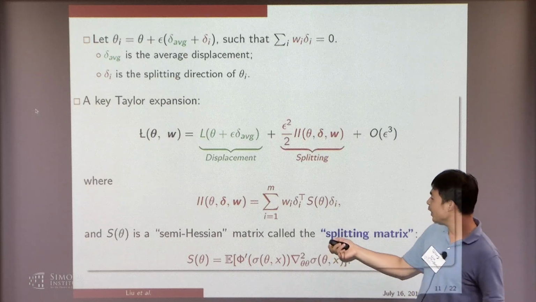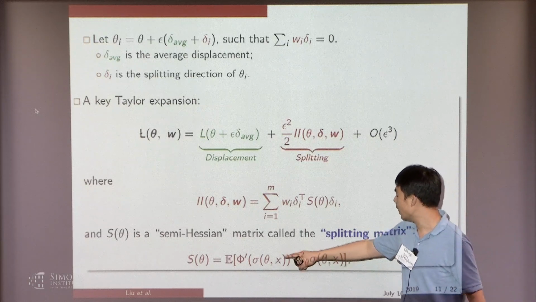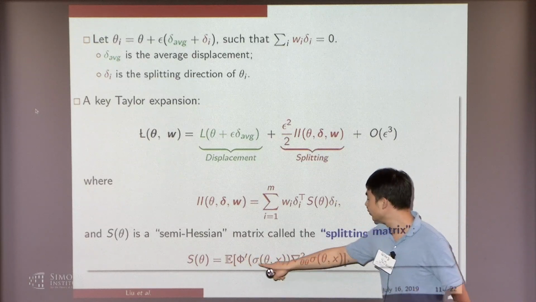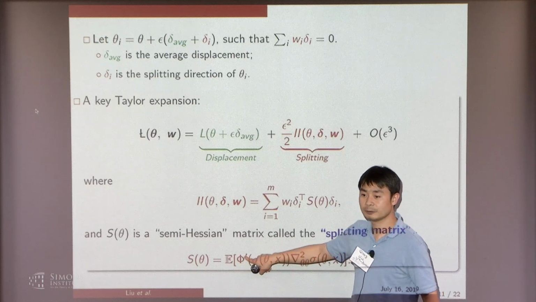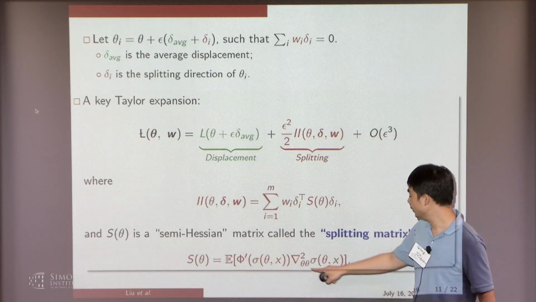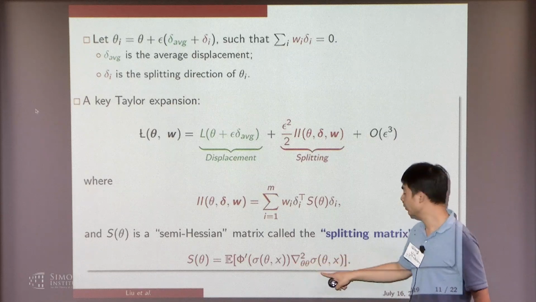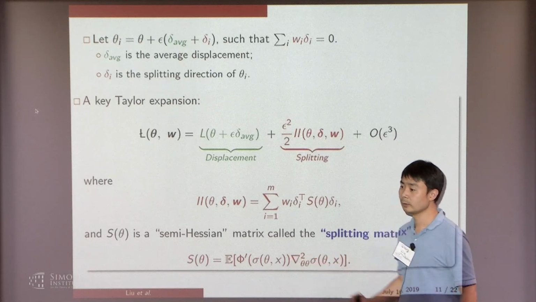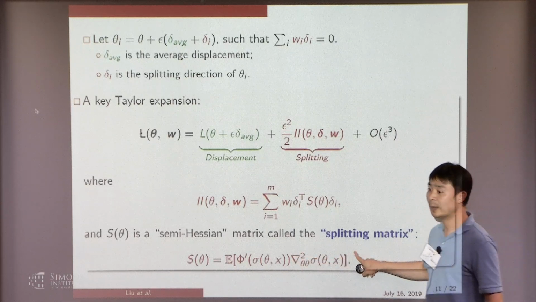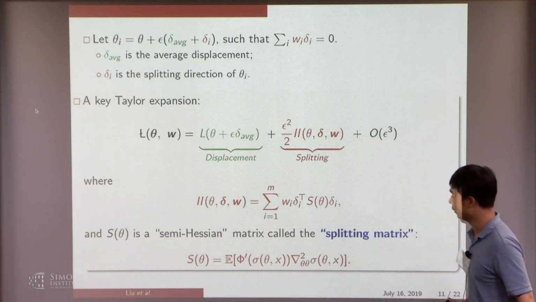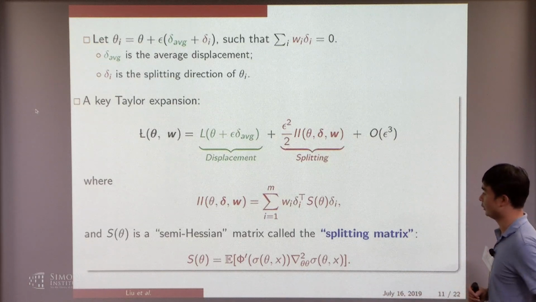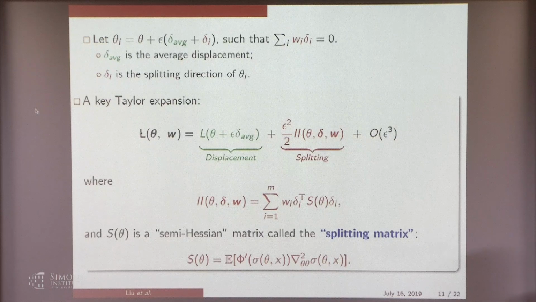It is a semi-Hessian matrix because by definition, it takes the first derivative of phi, which is the loss, and then the second derivative for the neural network. So this will be a d by d matrix, where d is the dimension of the parameters of the neuron.